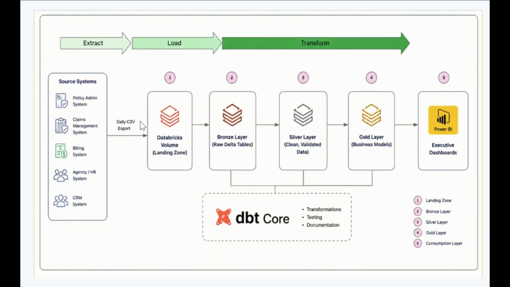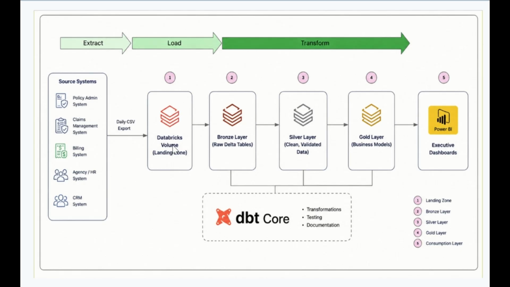So this is the architecture of our project, where you can see the data is coming from multiple sources and then is ingested into Databricks. In Databricks, we are going to have three layers: the bronze layer, silver layer, and the gold layer.